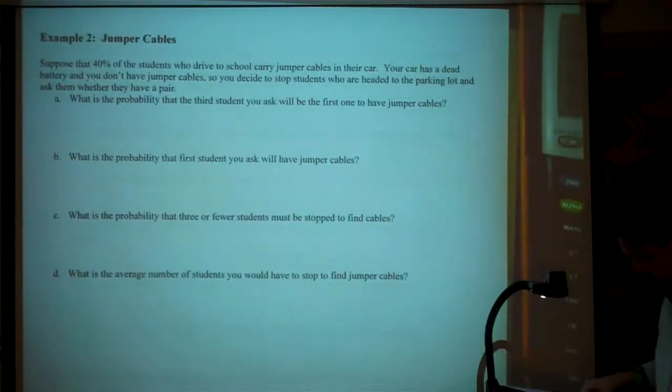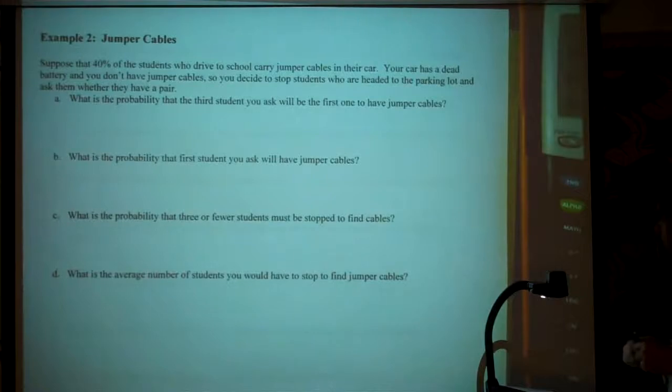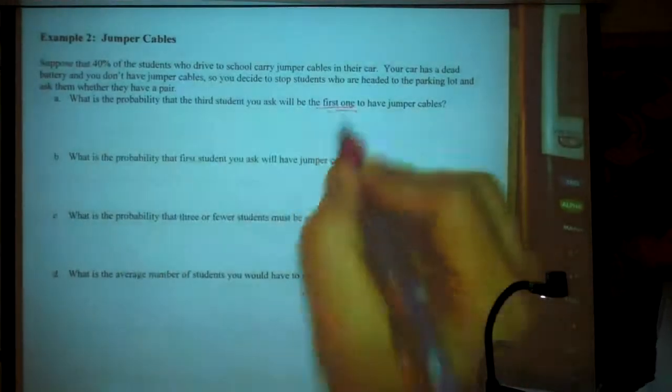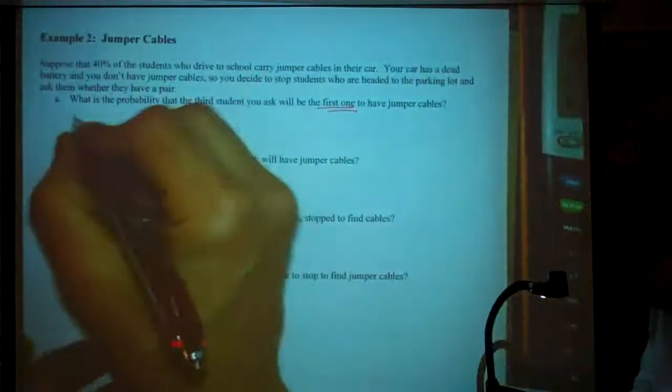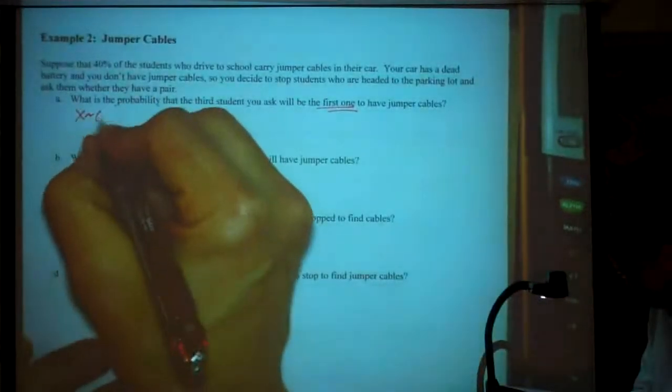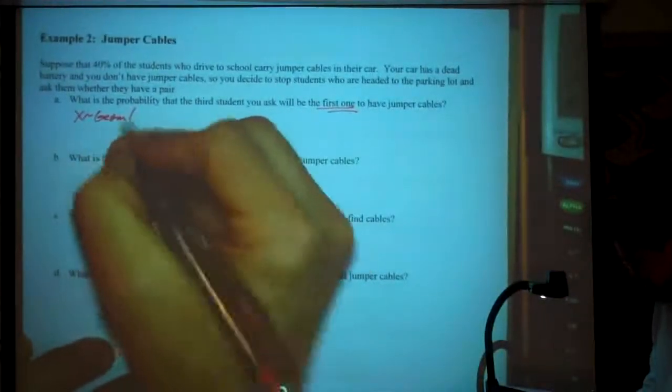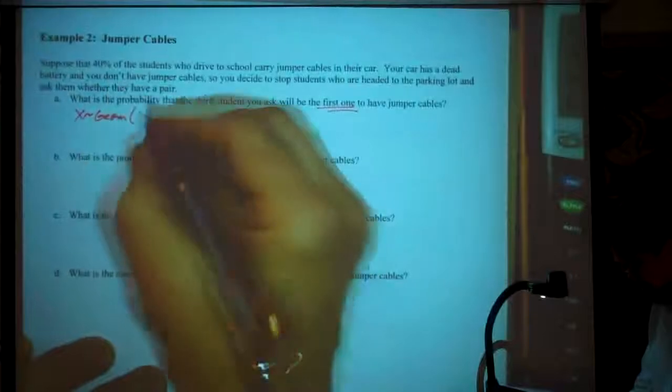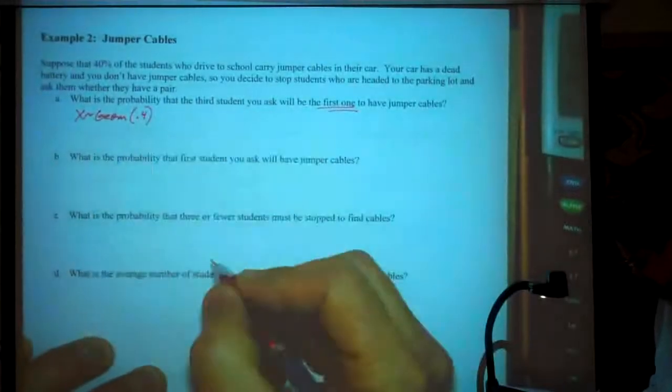Okay? So what is the probability that the third student you ask will be the first one to have jumper cables? Whenever we're talking about the first one, that means we have a geometric random variable. X is geometric with probability of 0.4 of success.